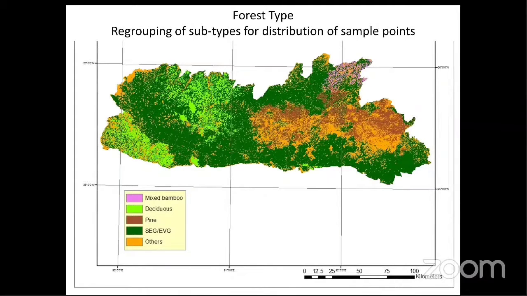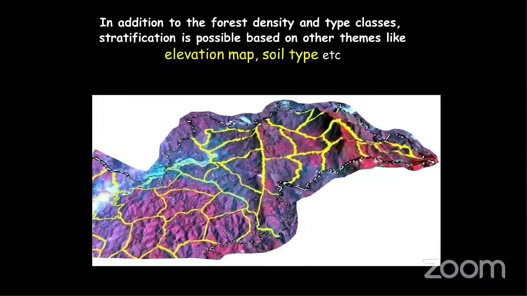In addition to forest density and forest type, there are many other types of information which you can derive from satellite data or geospatial technology. You can use them for your stratification. One example is from Lanting Mupa Reserve Forest in the Dima Hasao district of Assam. Here you see the reserve forest boundaries, and the yellow boundaries are the compartment boundaries.